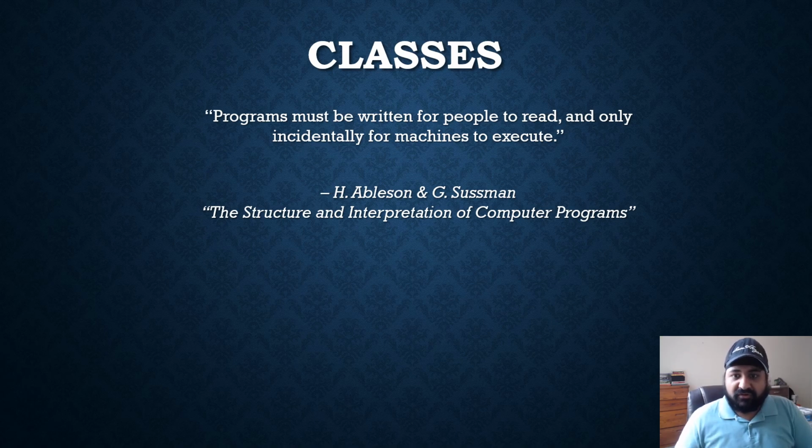The philosophy where methods or functions are central is called procedural programming, but now we are going to talk about object-oriented programming, which is basically a new way to look at the data as well as the functionality that can be offered on that data. Within this object-oriented programming paradigm, there are different constructs. Two constructs that are central to this idea are classes as well as objects. And we are going to discuss those in today's presentation.